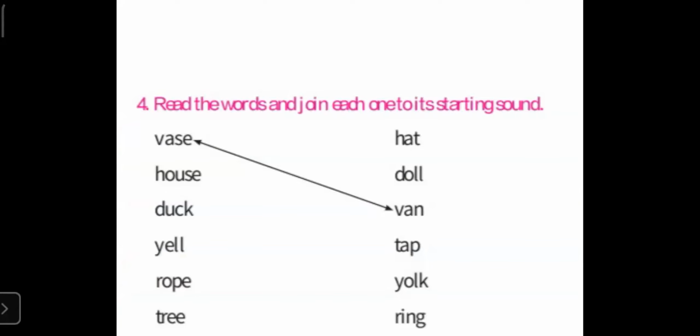Okay, the first word is vase. Vase matches with van because both vase and van begin with the same sound V.